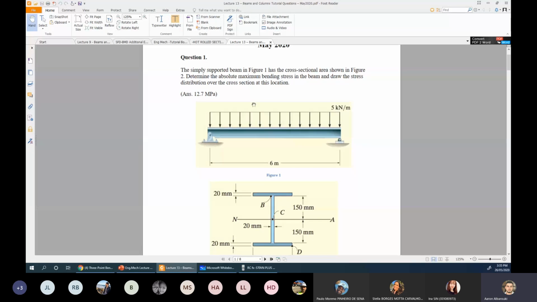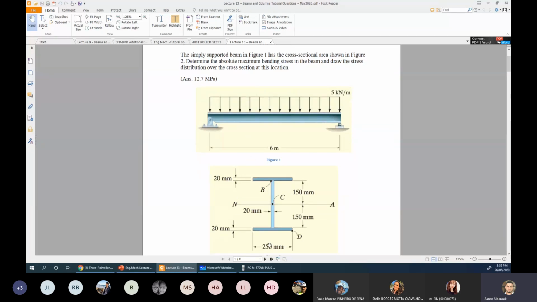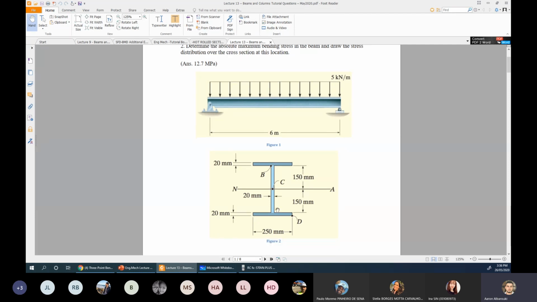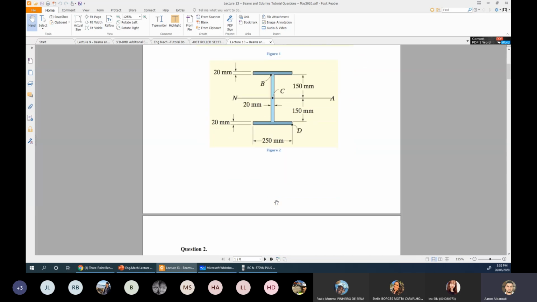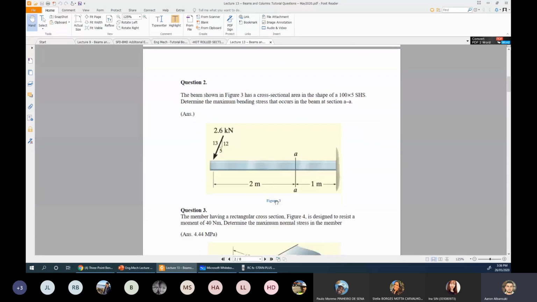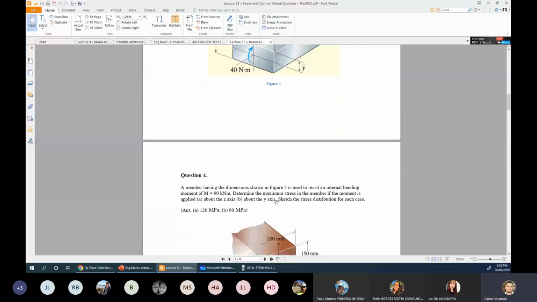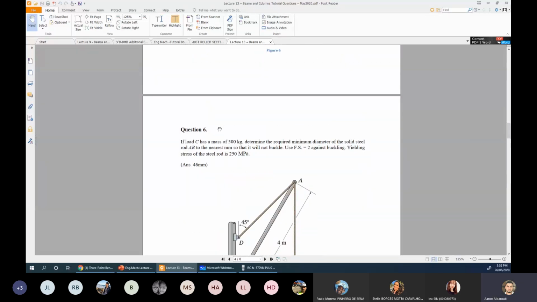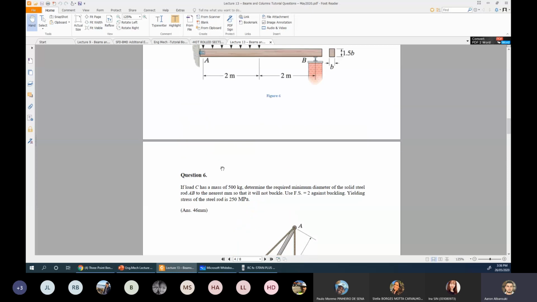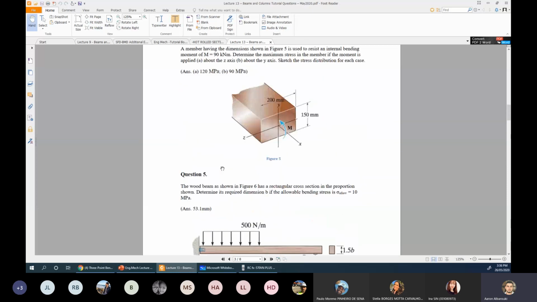Please practice them properly. And when you see one of these shapes, on a side note, please try to calculate IY too, not just IX. You will need IX for this question. That's the neutral axis, XX. But try to practice the IY too, because we need it for columns. Do questions 1, 2, and 3, please, and 4 and 5. Question 6 onward is columns, but please do the first 5 questions.